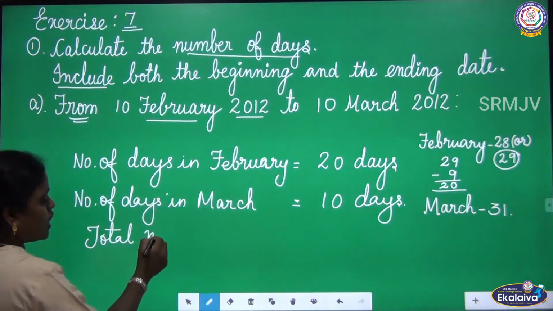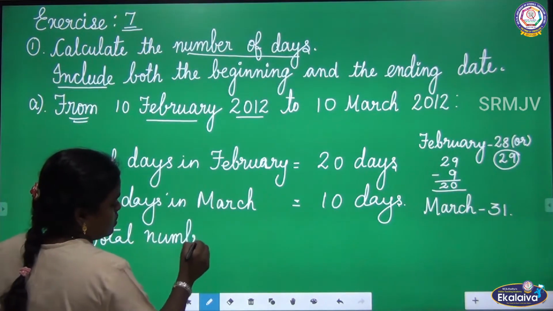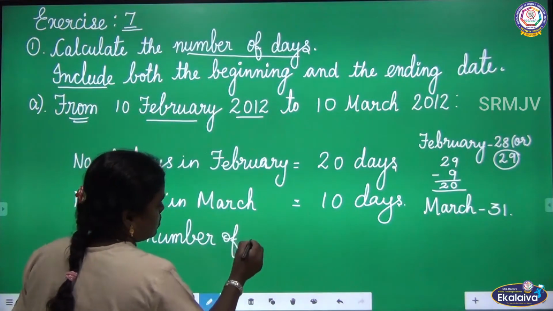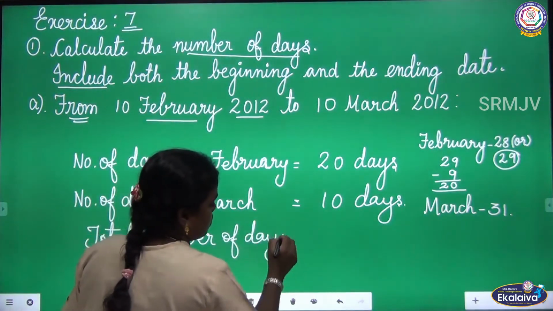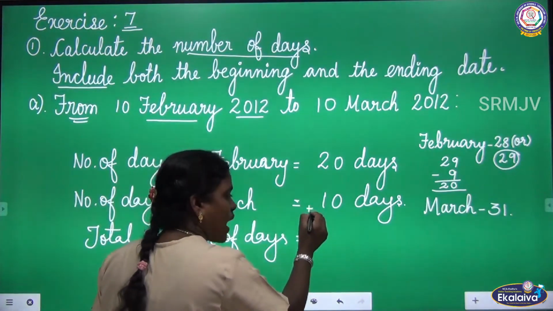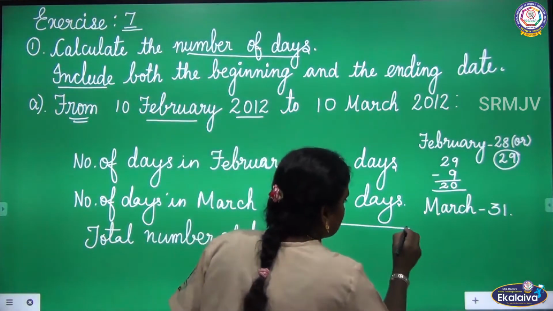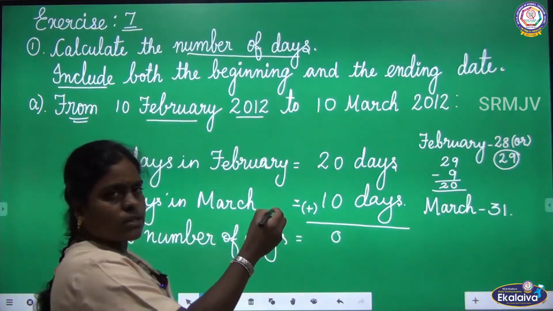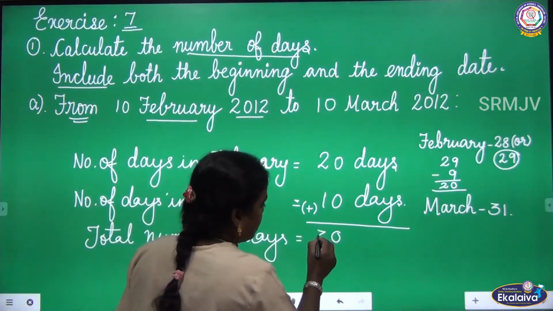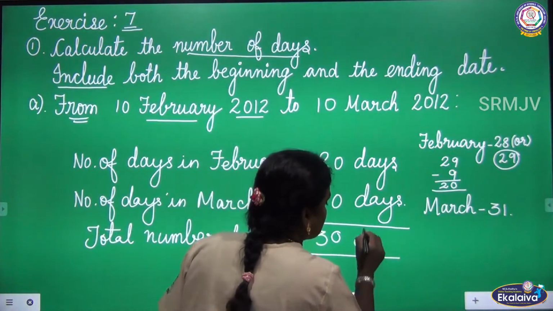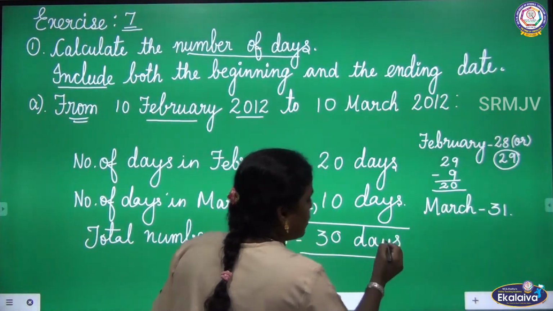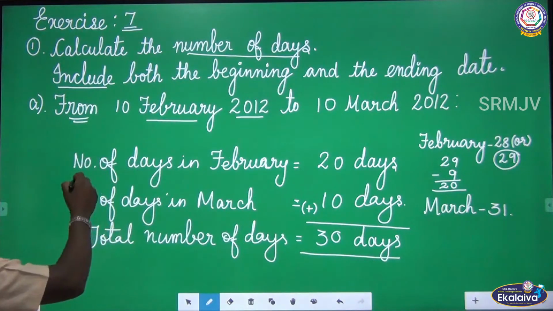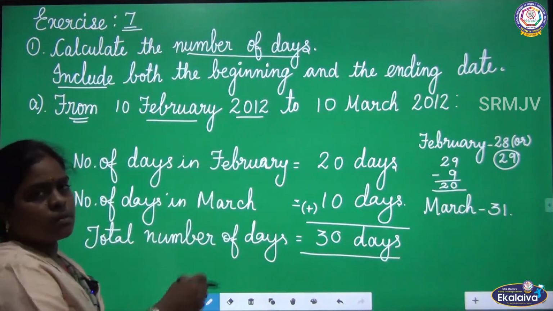Duration of total number of days equals, we are going to add these numbers: 0 plus 0, 0, 2 plus 1, it is 3. So 30 days are there in between from 10th February to 10th March.